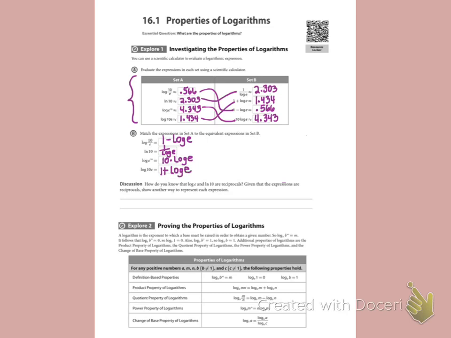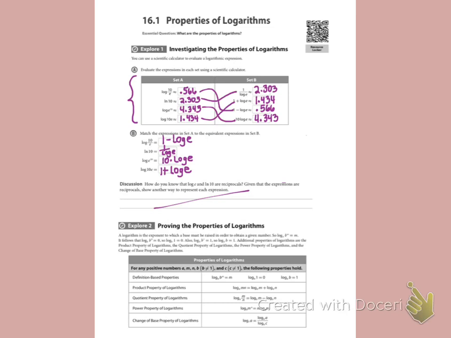So somehow these two expressions are equal to each other, and we're going to be exploring some log properties, and we're going to see if we can come back and figure out where these relationships came from, how the left side and the right side are in effect saying the same thing and how they're equivalent.